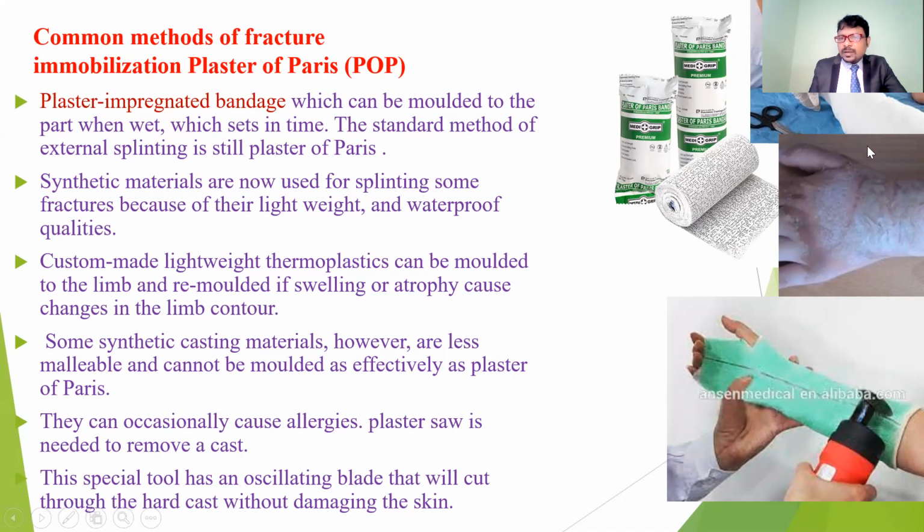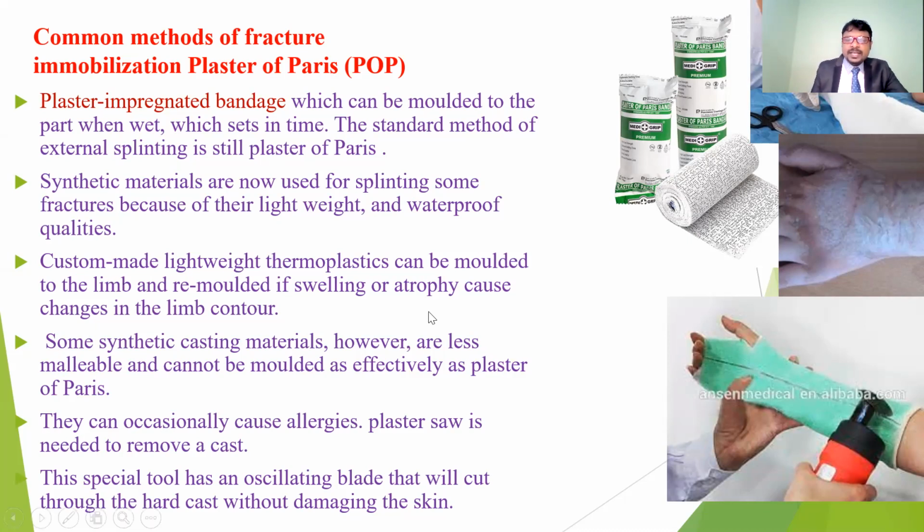POP has some advantages and disadvantages. Sometimes we have to apply synthetic materials to avoid wetting of the bandage and to give a lighter weight. POP is heavy, so sometimes it is not suitable for children and for elderly adults. In those conditions, we use synthetic materials for immobilization.